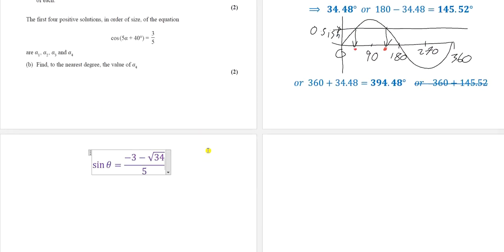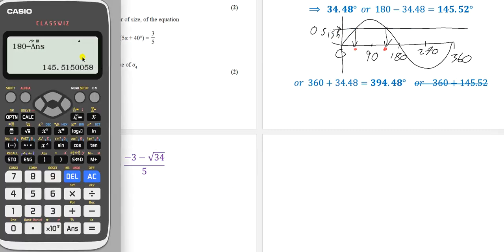However, as we mentioned when we first looked at this, minus 3 minus root 34 is not within the range you would expect to see for a sine function.